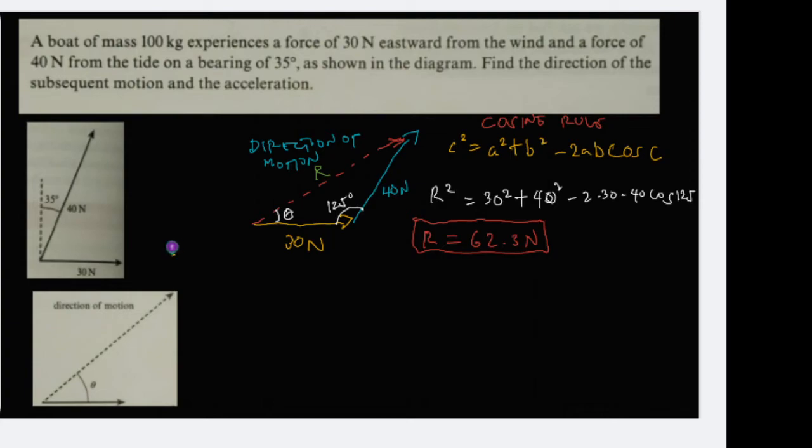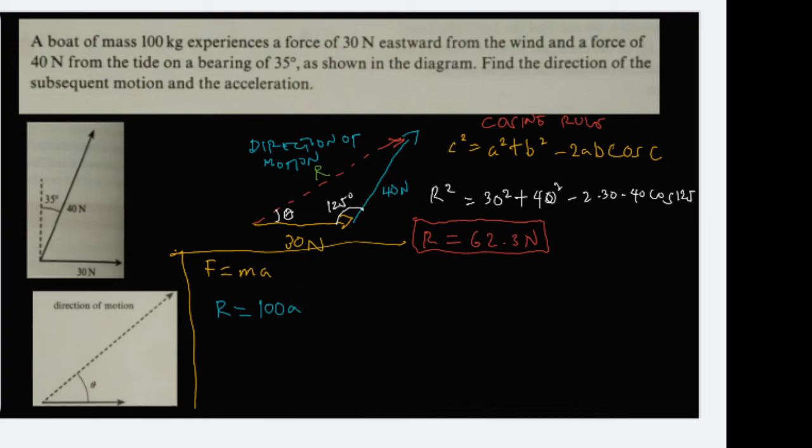So Newton's second law is F is equal to ma, or the force is equal to the mass times the acceleration. Here, we already solved for the r, which is 62.3 Newton. So we can just substitute here. We have r is equal to 100, which is the mass, and then the acceleration is unknown. That is the problem.